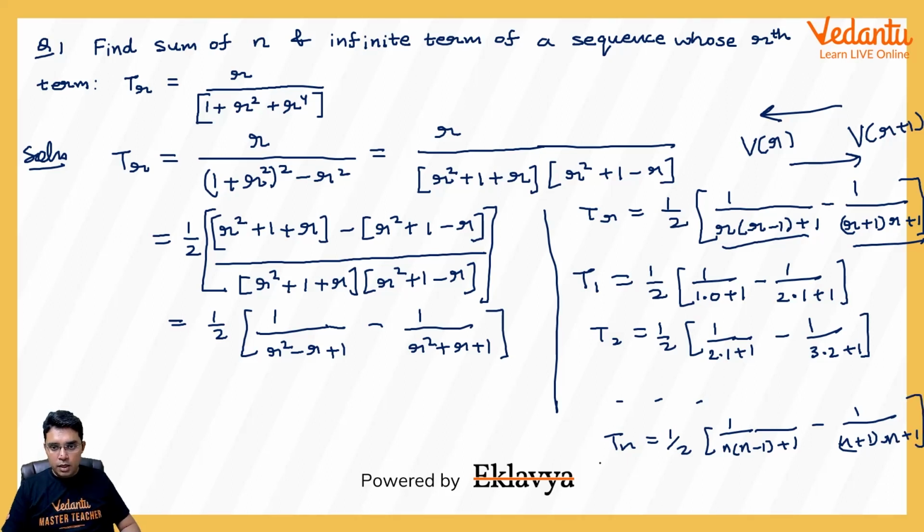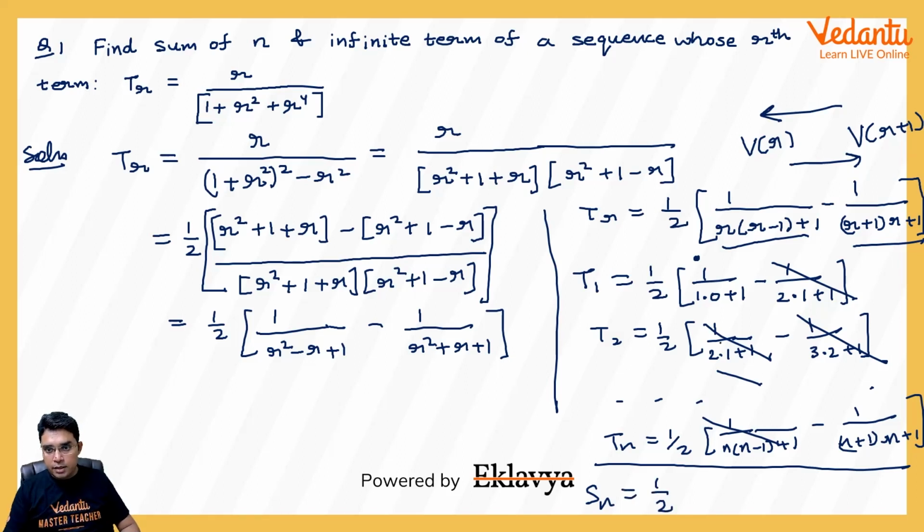So if you add them, this term gets cancelled with the next, and because the term with plus sign remains, the others will be cancelled. Okay, this will remain. So the Sn would be 1 upon 2.